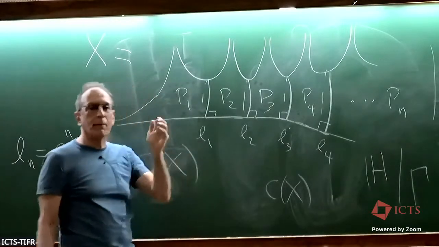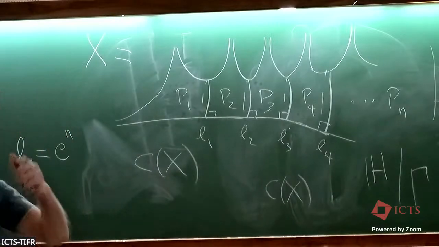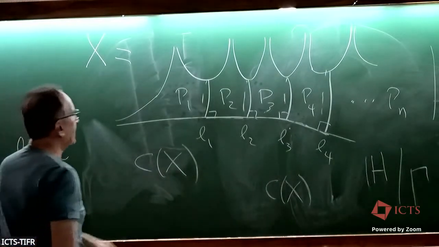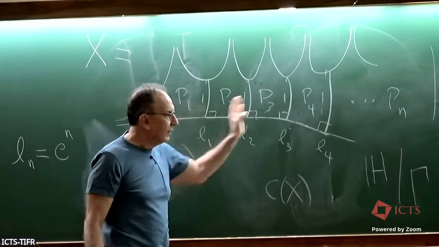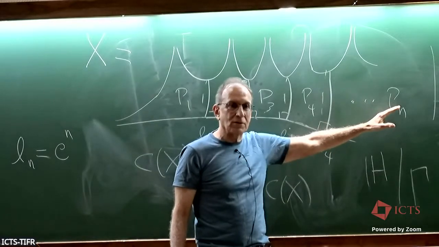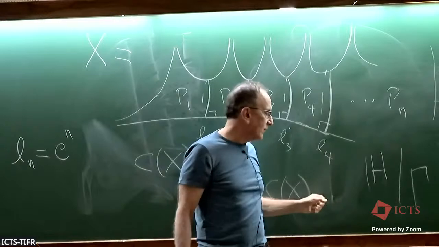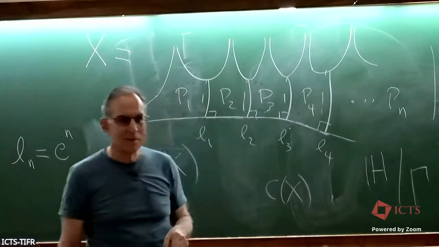I don't care how big they get. You pick your favorite growing sequence of lengths, exponential of exponential. And I could find gluing parameters on here in which there's nothing to attach out there. This is complete, the structure. The convex core is everything. I'll tell you about that tomorrow.